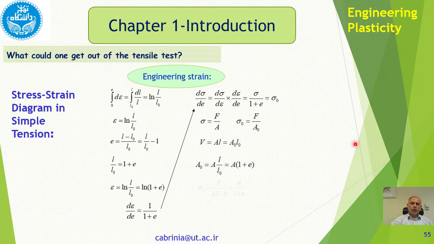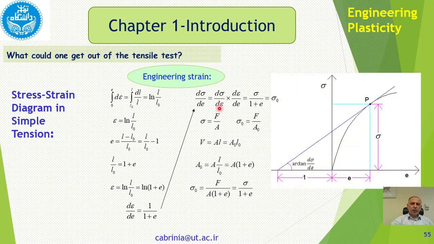Before, d sigma by d epsilon was equal to sigma, so here d sigma by de we call sigma 0, because this is engineering and this is engineering. This was true strain, and this was true stress. So that is engineering stress, engineering strain.